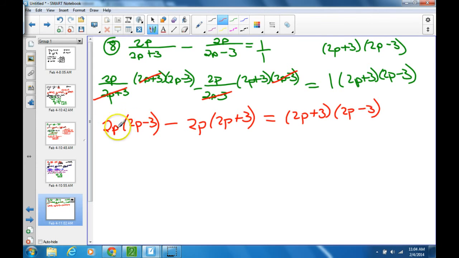So what do I have when I multiply these together? 4p squared minus 6p, right? And here I have minus, because it's a negative, minus 4p squared minus 6p.